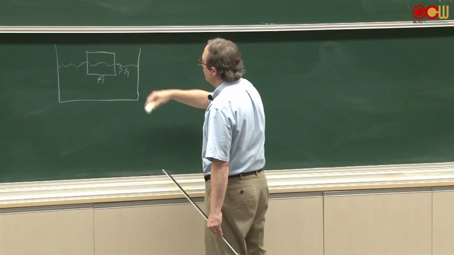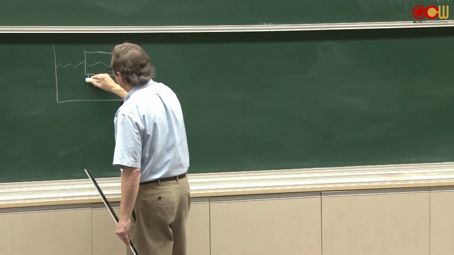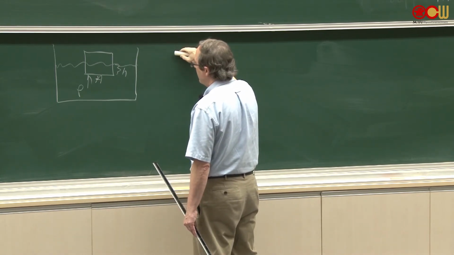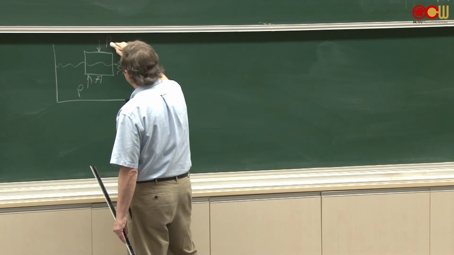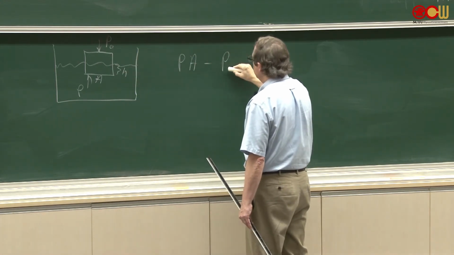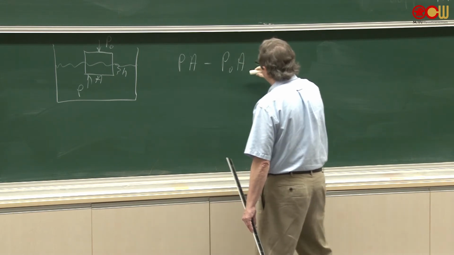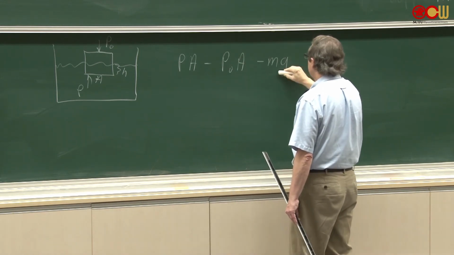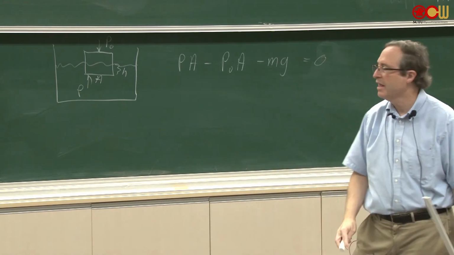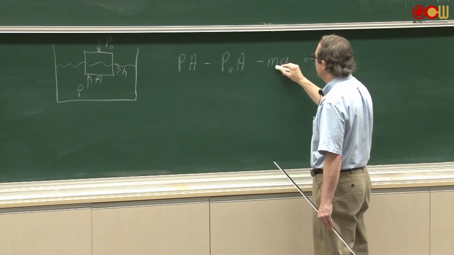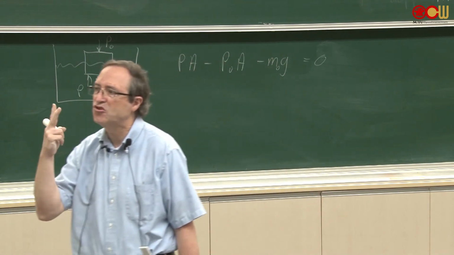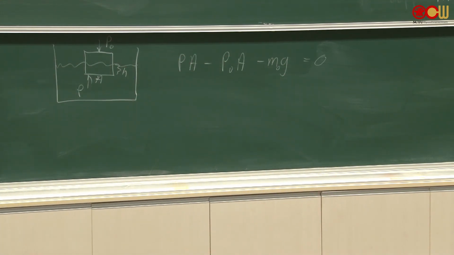So let's do the usual thing. We have a pressure P0 here. So we have PA minus P0A minus mg equals 0. And this, again, is the mass of the object. So there's a gravitational force and two pressures causing forces.